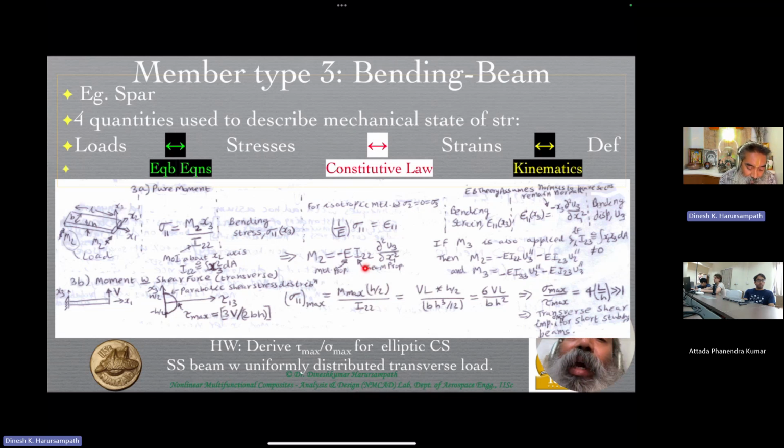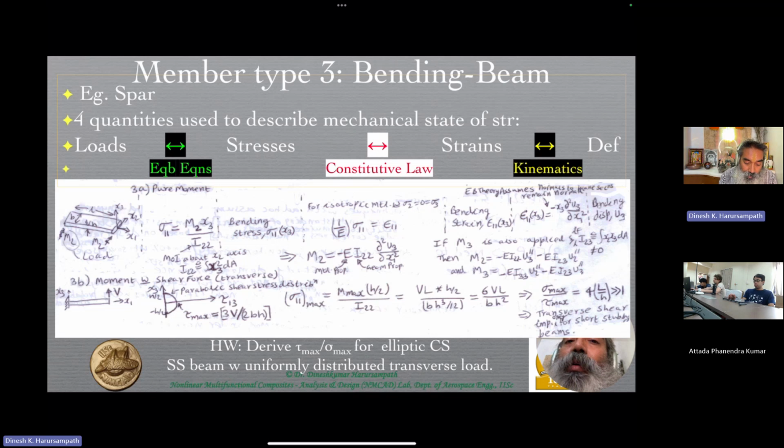Namely, let's go for an I section instead of a rectangular cross-section, for example, whereby we can increase the I if the flanges are spread out in the x3 direction. So then you will have a larger I22. If it's spread out in the x2 direction, you would have a larger I33, which is good to resist an M3, the moment which comes because of the drag or the thrust.